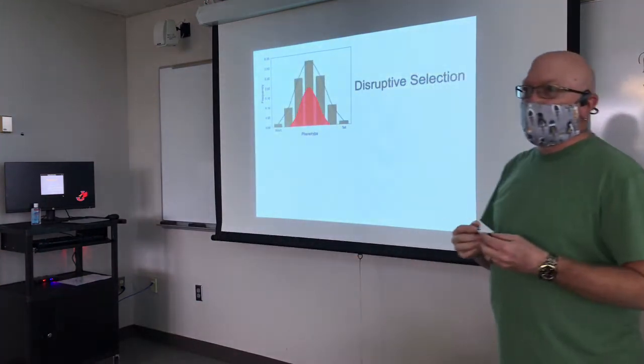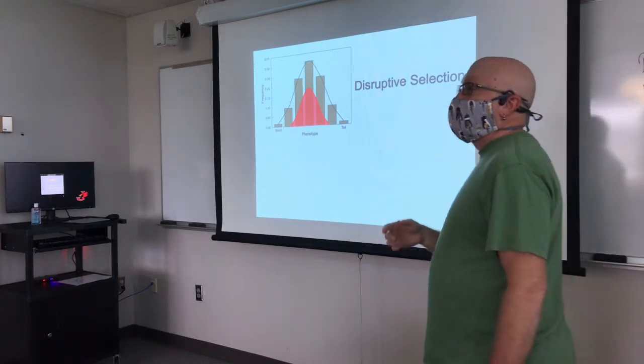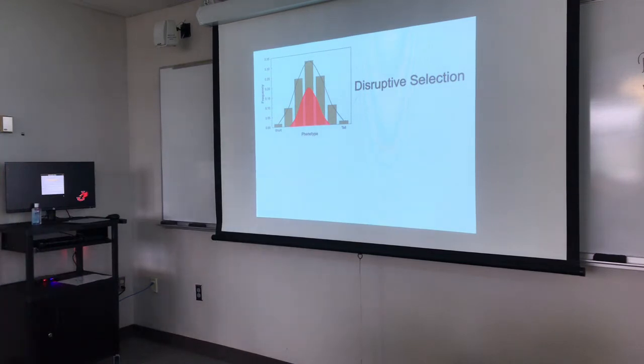In disruptive selection, average individuals are selected against. What do you expect to happen to the average trait value and the variability under this scenario? This would call us bimodality. So would the average value change?